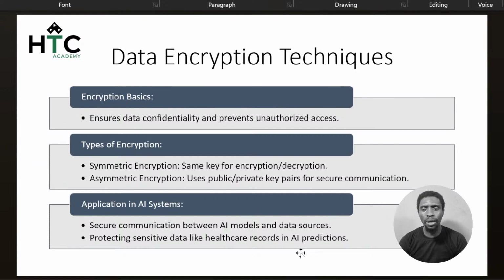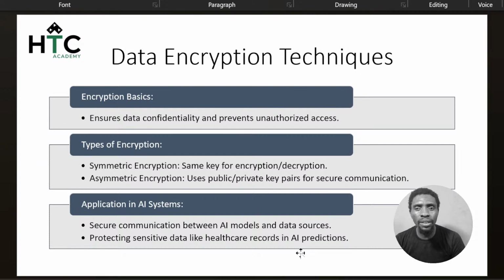For symmetric key encryption, it is the same key you're using to encrypt and decrypt.